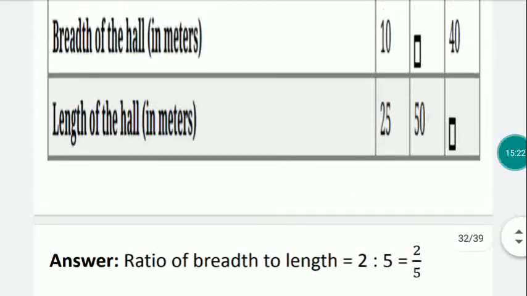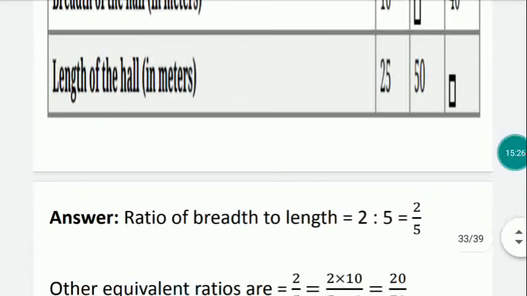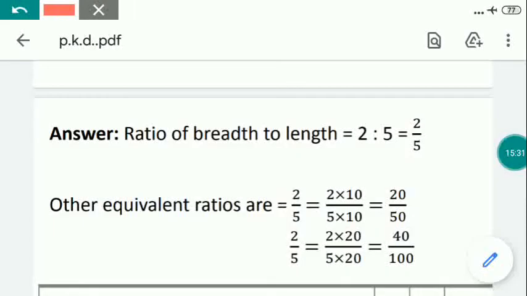Okay, so here first 10 number 2 from 2/5, how we get 10. So here check, from 2/5 multiply numerator and denominator by 10 to find equivalent ratios. 2 into 10 upon 5 into 10, that is 20 upon 50.